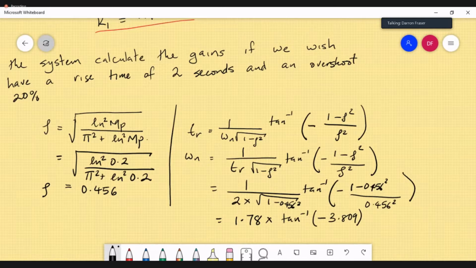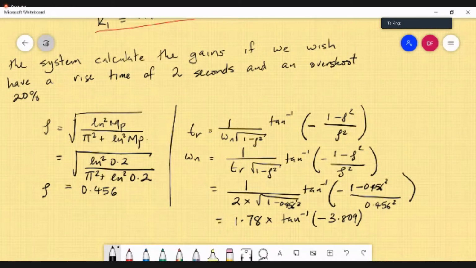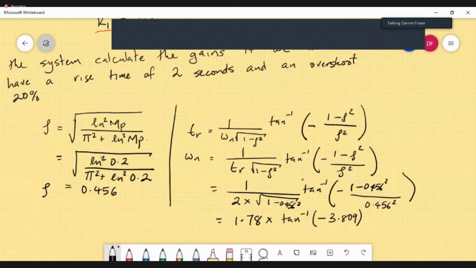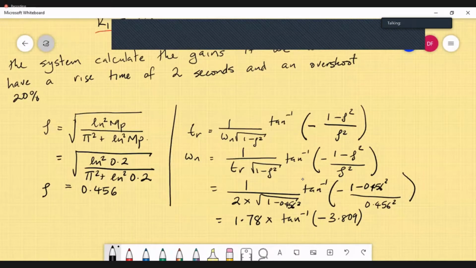Now, when we convert to radian mode, we're going to take the tan inverse in radian mode. What do you get as your answer?